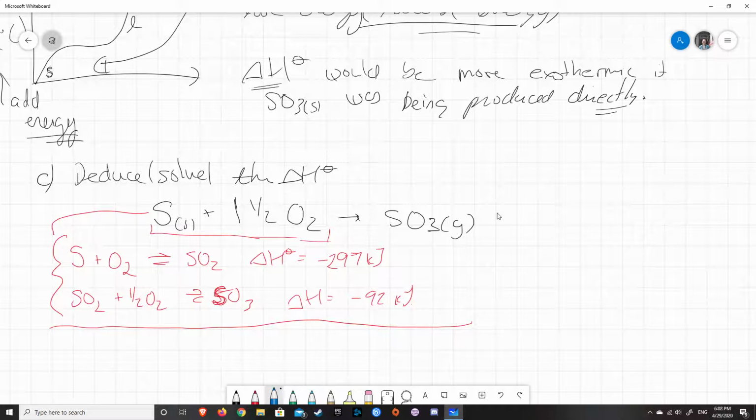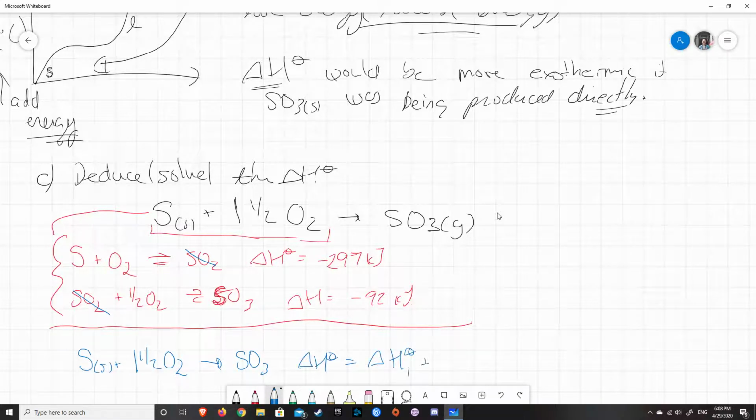So wow, it's already solved for us. So SO2 on the left and SO2 on the right here, they cancel off. O2 on the left adds to be 1.5 O2. Sulfur is the same, so sulfur, solid, plus 1.5 O2 reacts to form whatever's left on the right, SO3. So our delta H naught is equal to delta H naught 1 plus delta H naught 2, which is, let me do the calculation really quickly.